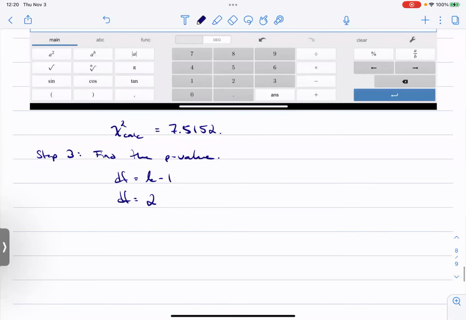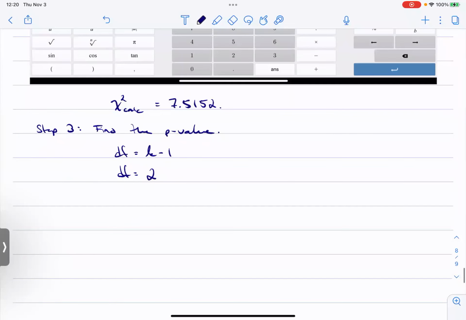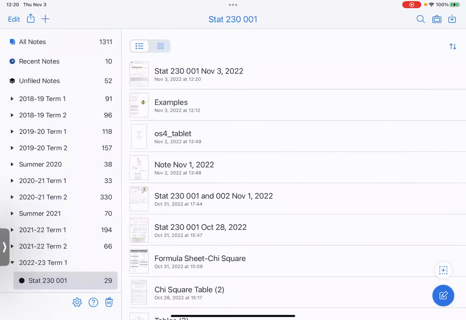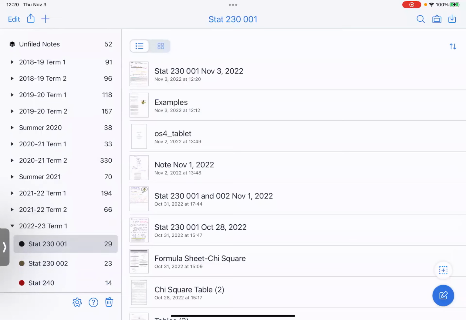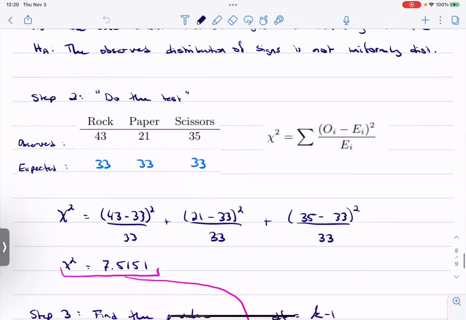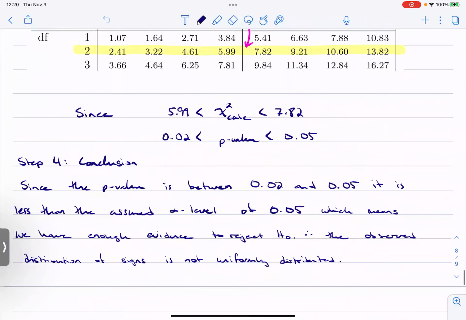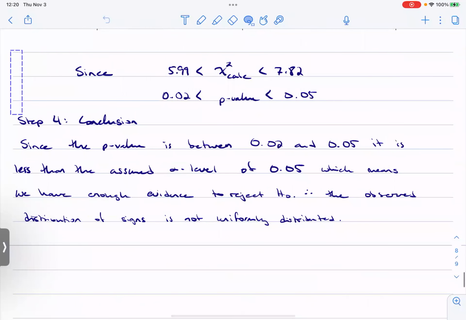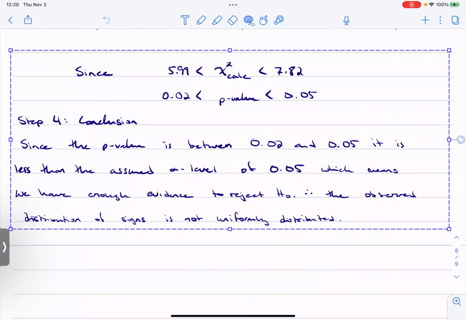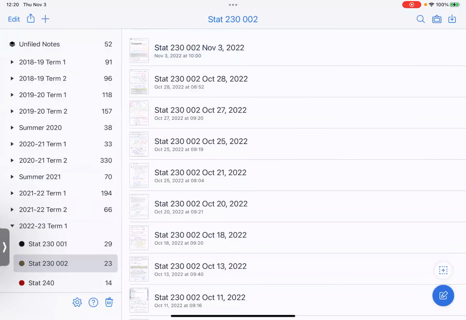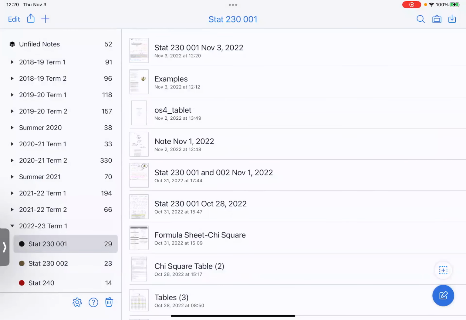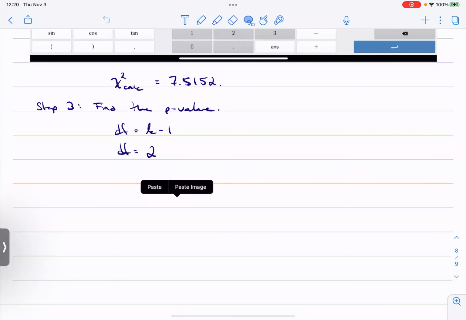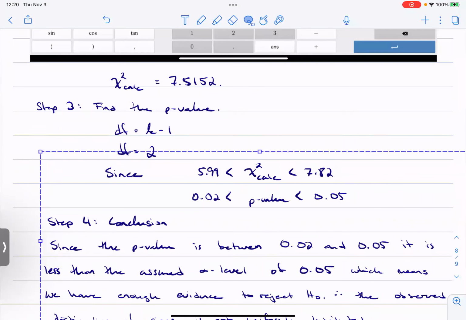I'm out of time, so I am going to just steal it from this morning and call it a day. Rude, I know. But everything from here on out, once you have your degrees of freedom, stays the same.